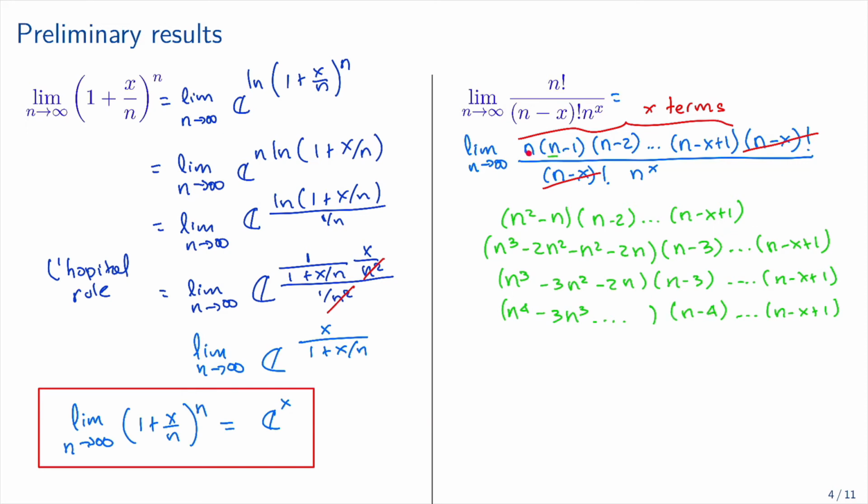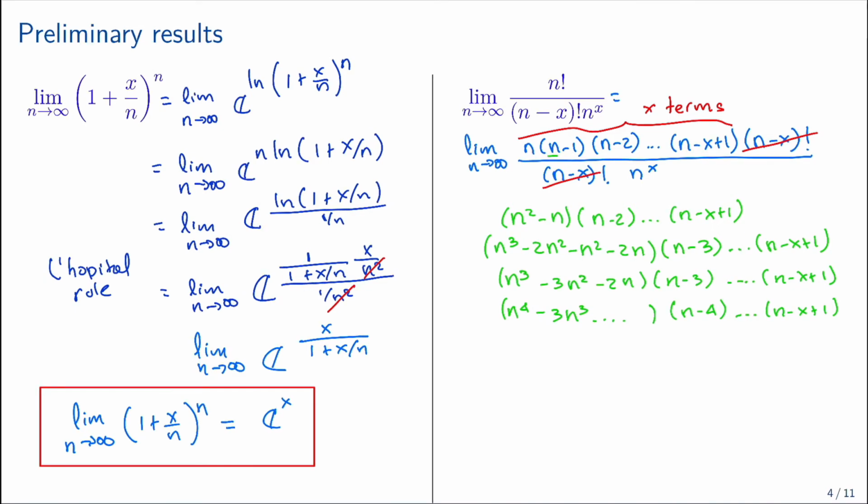Because we have x terms here, the maximum exponent will be x. The final expression will be something like this: n to the x plus a multiplied by n to the x minus 1 plus b multiplied by n to the x minus 2, and the last term will be a constant. So it's an x-order polynomial.